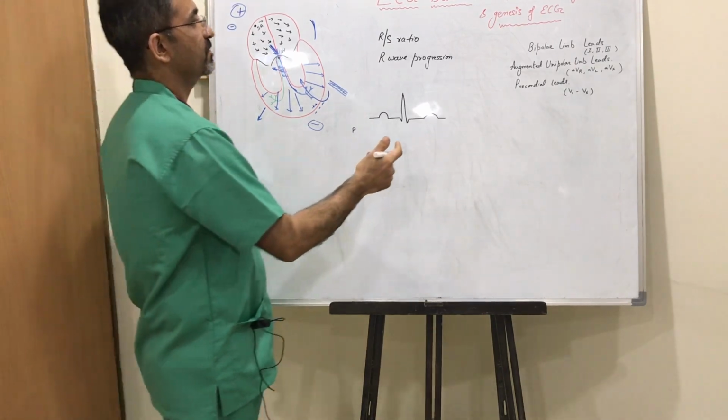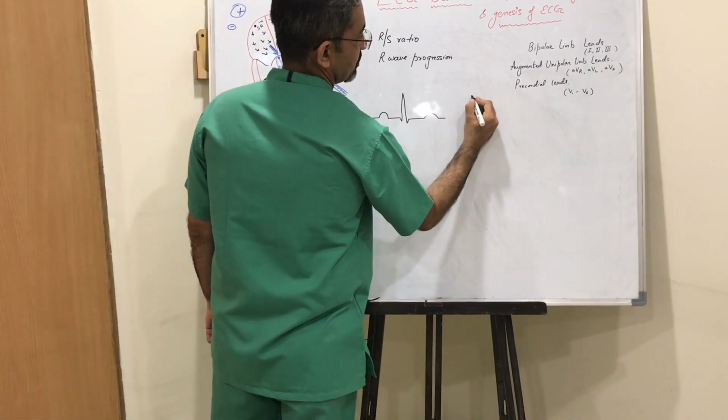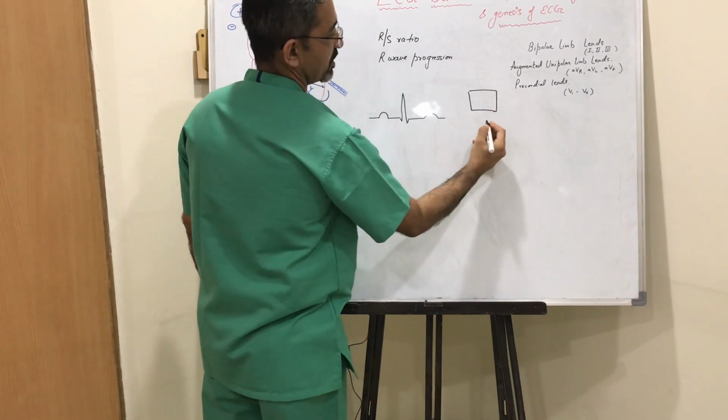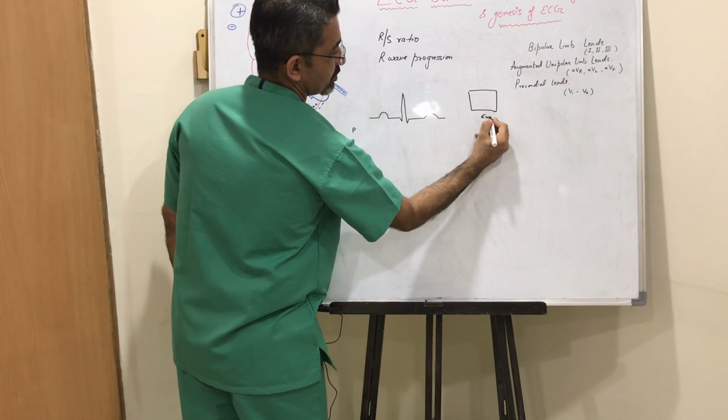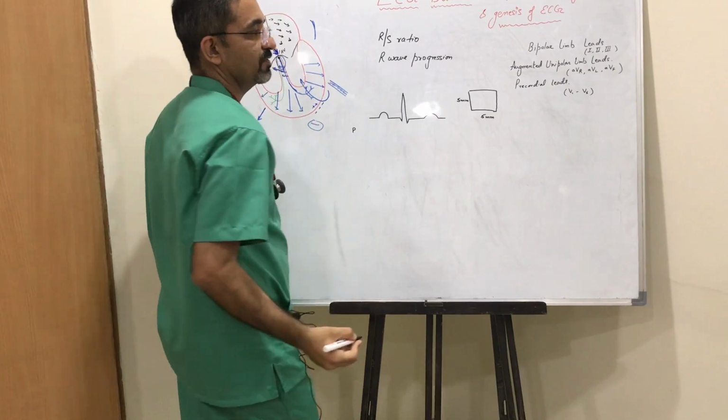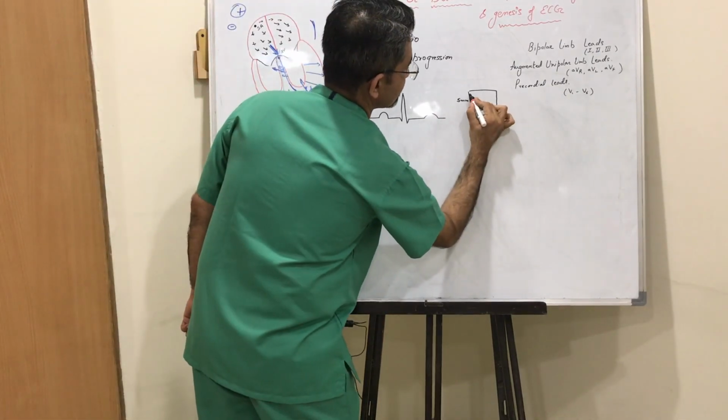See, ECG paper has a large square which is 5 millimeter long and 5 millimeter high. There are 25 small squares like this.